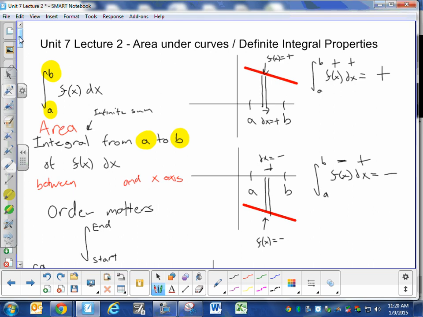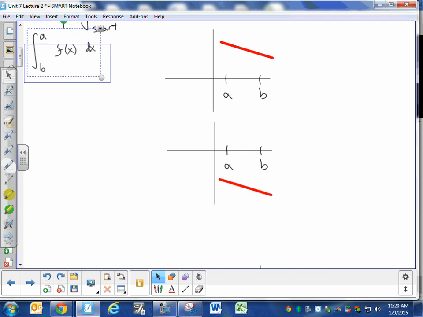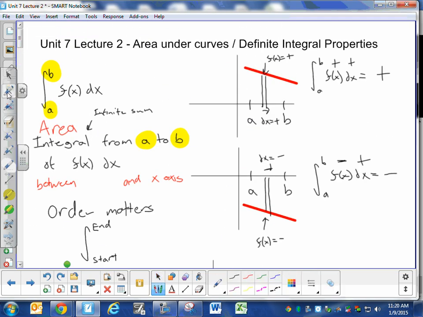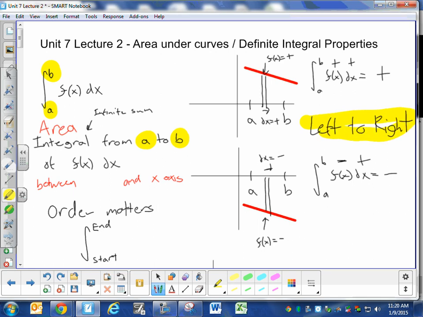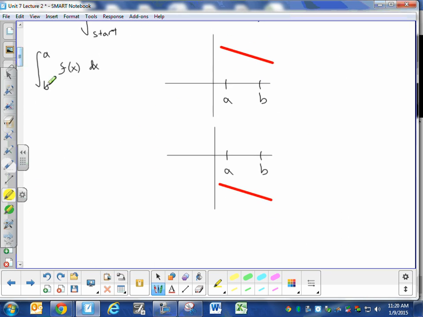Well, let's go from right to left. Let's go from B to A. So again, this up here, A to B, this is left to right. Well, let's go from B to A. Now I have this B and this A flip-flopped.